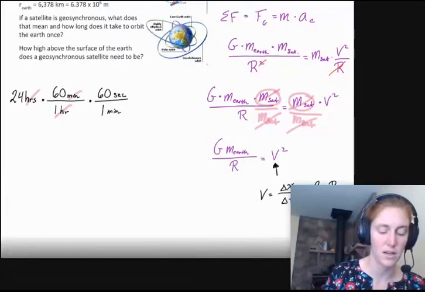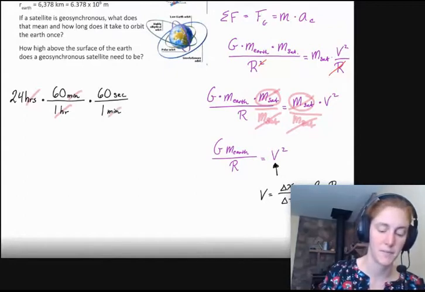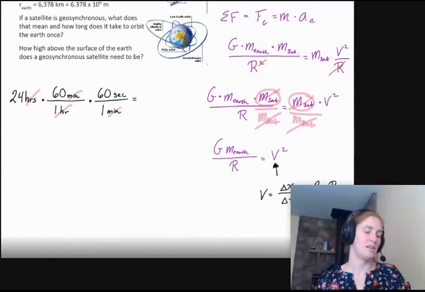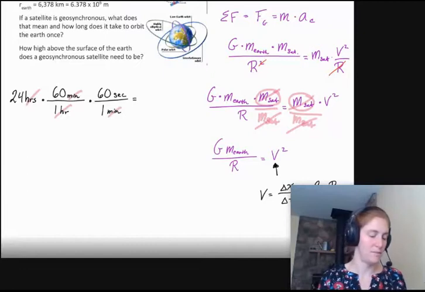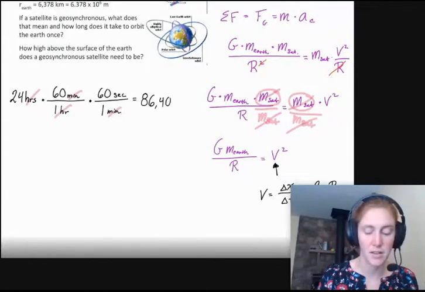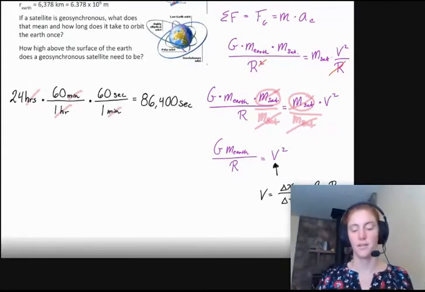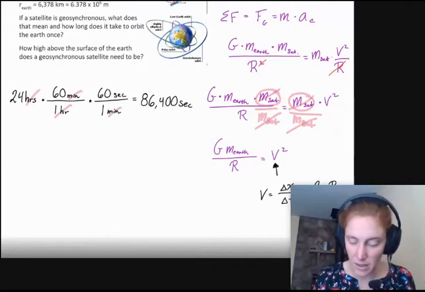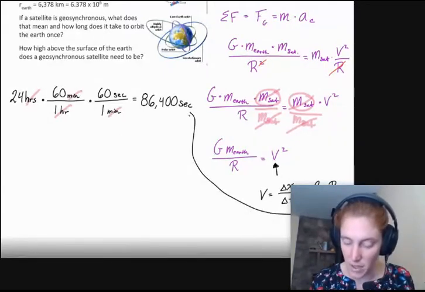So if I have minutes on the top, then I need minutes on the bottom to cancel out. So how many seconds does it take to go around? 86,400 seconds for it to go around once. So I'm going to stick that down here for my time.